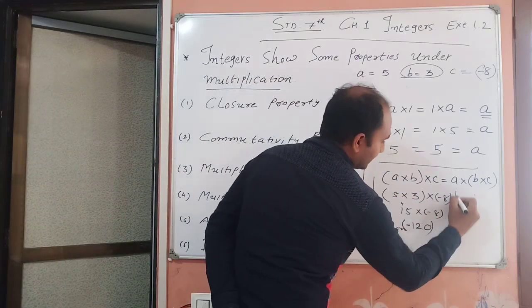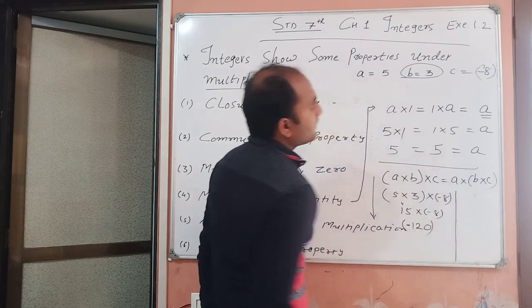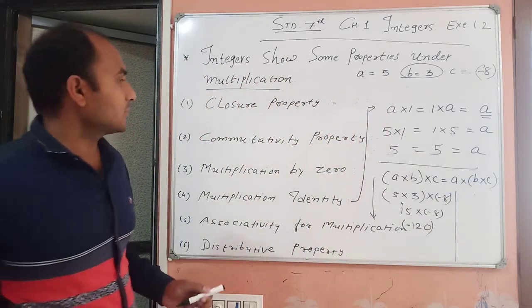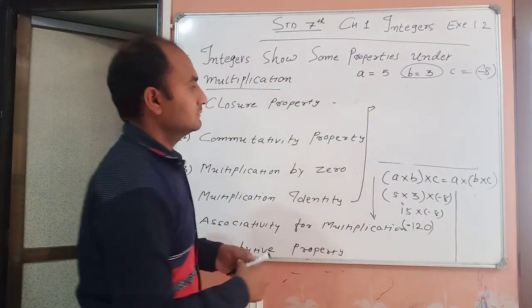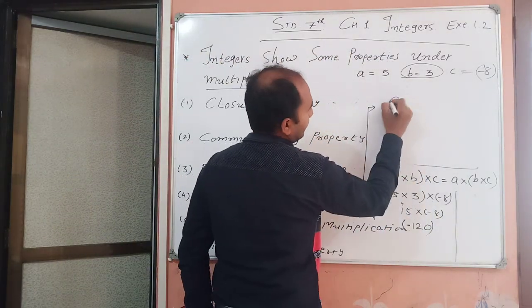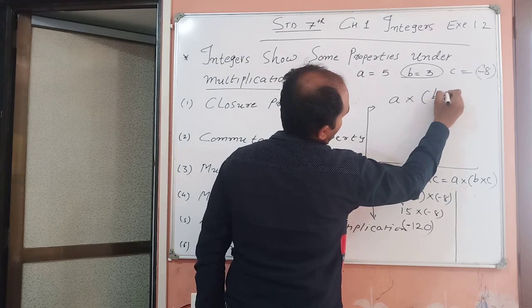Now the other side, A into B into C. Whenever we solve this part, what is A into bracket B into C?